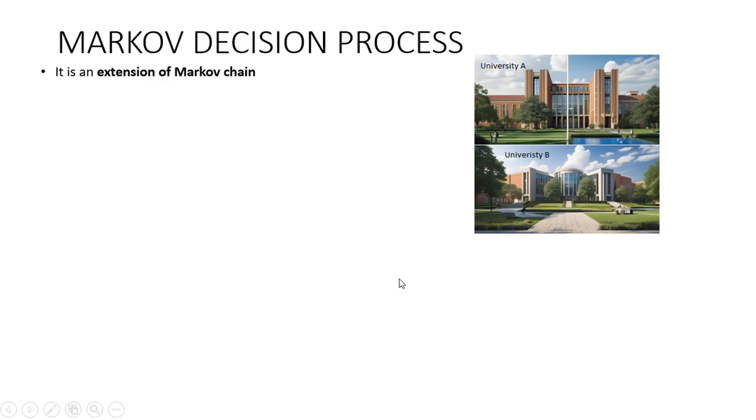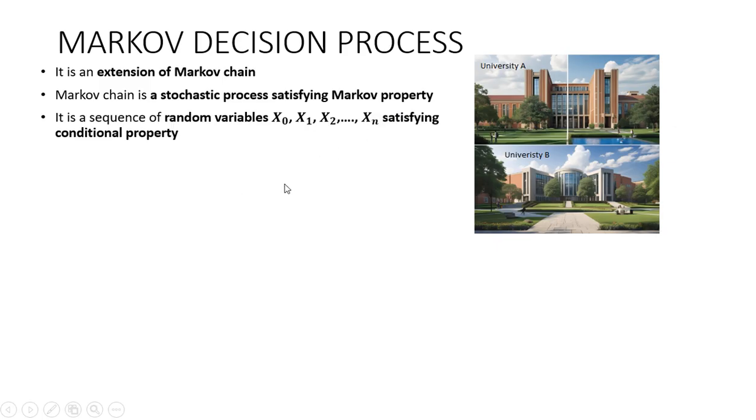Before we get into the Markov decision process, we need to first understand what a Markov chain is. MDP, or Markov decision process, is an extension of the Markov chain, which is a stochastic process satisfying the Markov property.